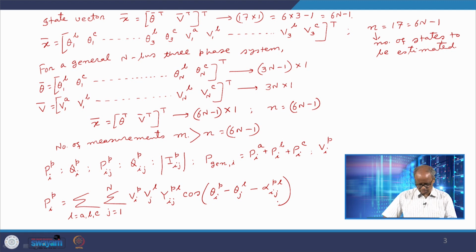You see, this PIP expression is a function of all voltage magnitudes as well as the angles except theta 1A, because theta 1 is taken to be 0. So PIP is basically a function of all voltage magnitudes and all voltage angles except the reference angle. So I can simply say that PIP is a function of x, where x is this.